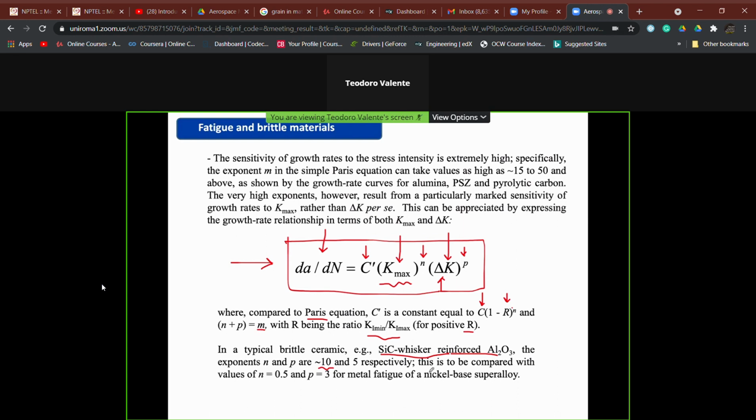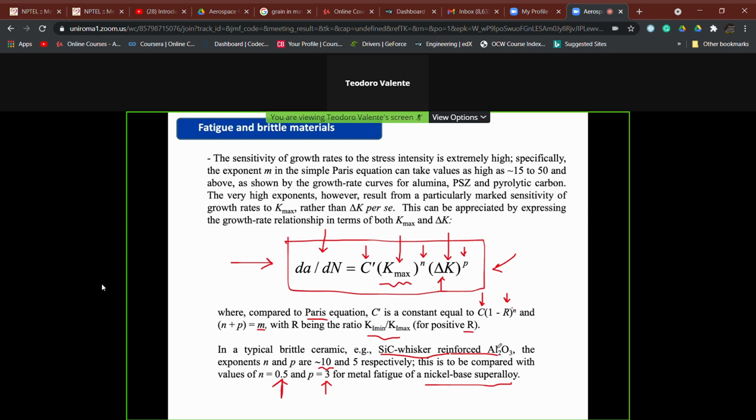If we use this same approach for a nickel-based superalloy, we find values of the exponents which are much lower, 0.5 for N and 3 for P. This would mean, in the classical Paris law, that for nickel-based superalloys the value of the exponent M would be near 3.5.